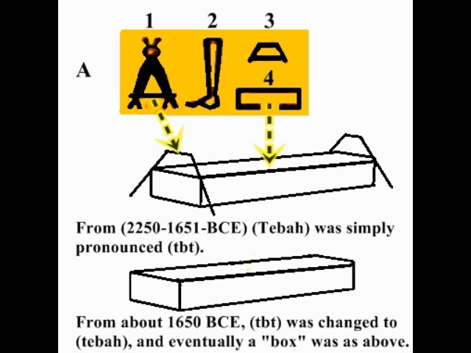In order to get a correct understanding of the word Tebah and exactly what shape Noah's Ark was, according to Dr. Mina, what we have to do is go back to when the first world power, Egypt, first formed right after the flood, sometime between 2300 and 2250 BCE. As aforementioned, the word Tebah was simply pronounced as Tebet.